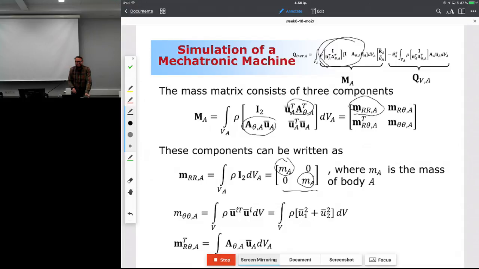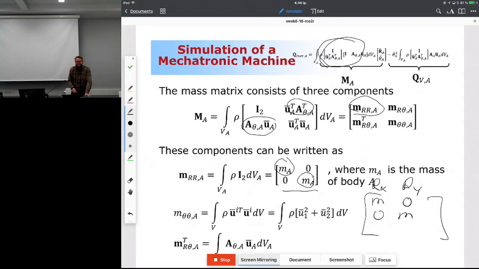Now if you look at the 3 by 3 mass matrix, this is located here and is associated with generalized coordinates Rx and Ry. So it means that if there is a heavy body, acceleration in the global X or global Y direction needs a lot of power, a lot of force. So it's related to that.